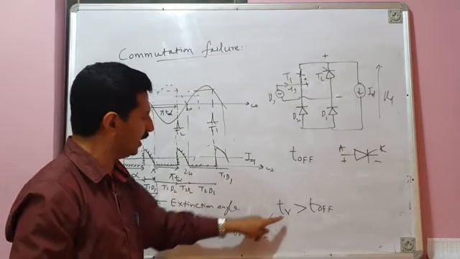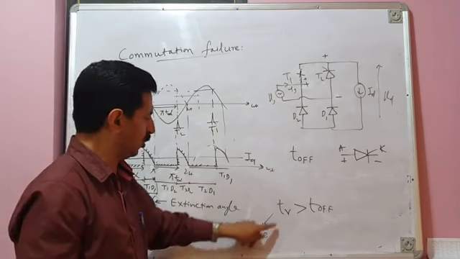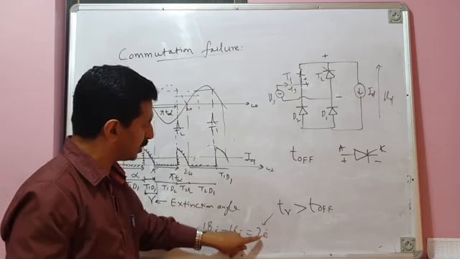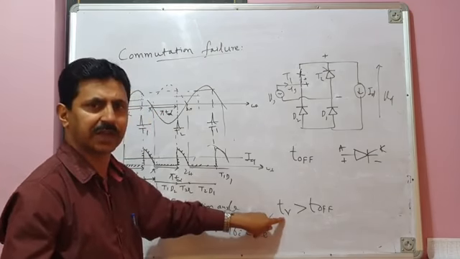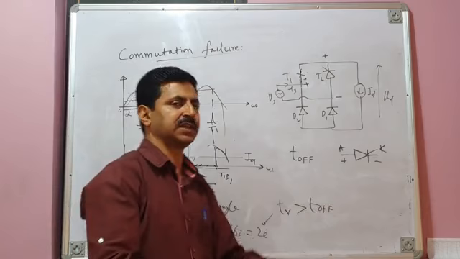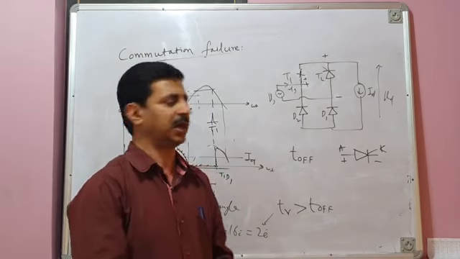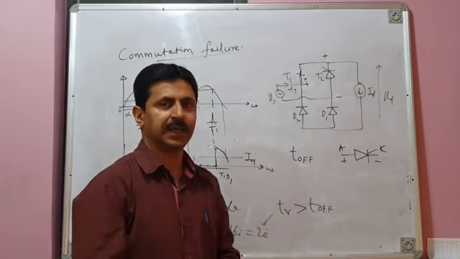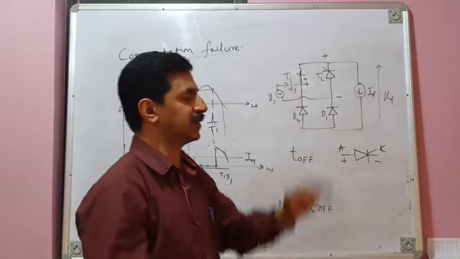You can convert degrees into time, that's very easy. So in terms of time, this 20 degrees means T gamma microseconds, and it will be much larger than the turn off time of the thyristor, and it will ensure that the thyristor is turned off.